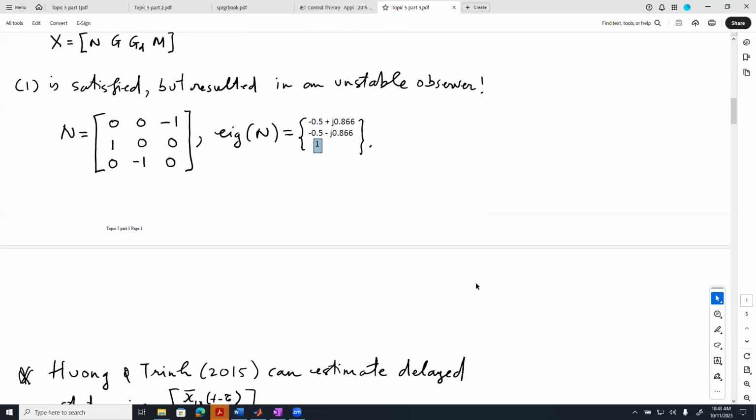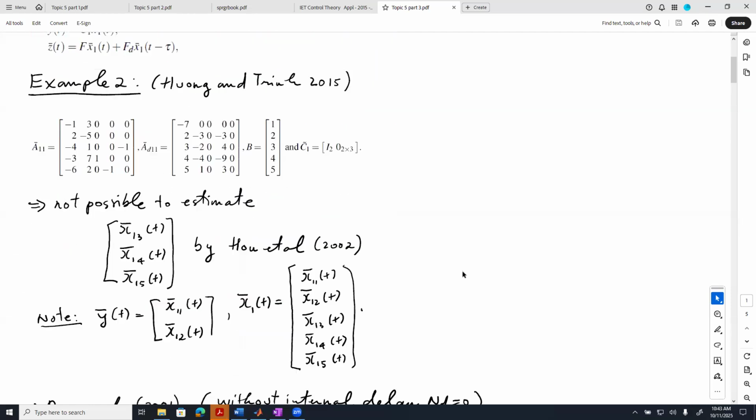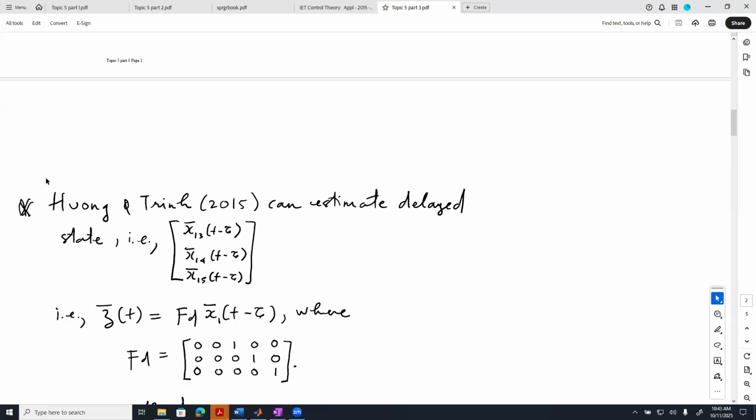And the method by Howe and other co-authors actually does not work. So that's why it was demonstrated in this reference that we can actually estimate not the instantaneous stack variables, but the delayed ones of the unmeasurable stack variables x3, 4, and 5.